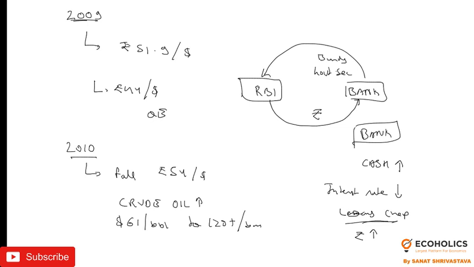That is why the rupee went down again to 54. Later, in 2011, the rupee again started stabilizing. You can say the rupee bounced back.